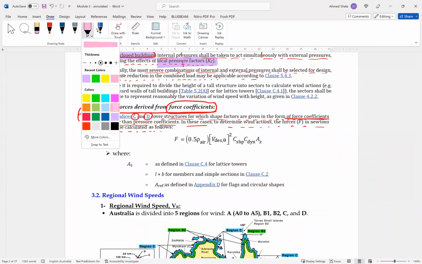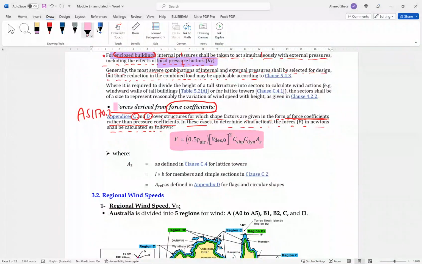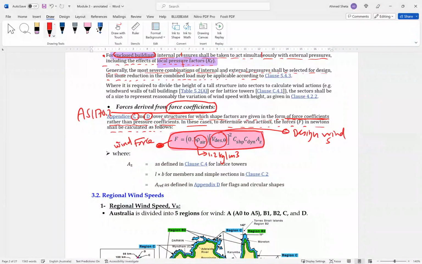So this is our equation. As you can see, it has a similar formula, but instead of B, we now have F, which is the force. Here, rho air is the same, 1.2 kilograms per cubic meter. V design is the design wind speed. C shape is the aerodynamic shape factor.